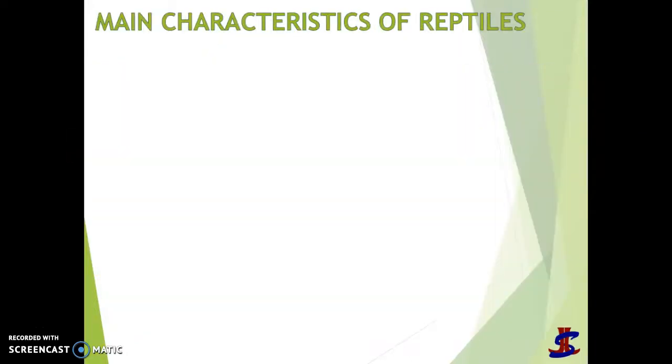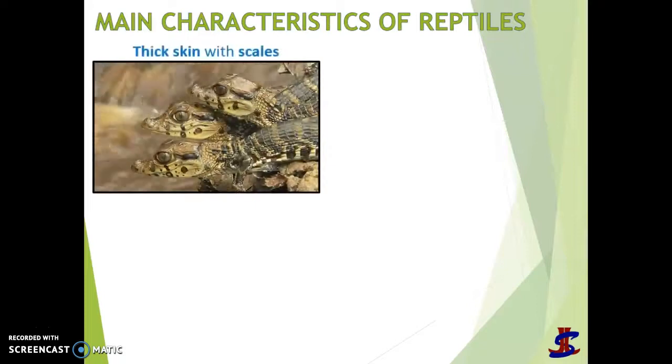Main characteristics of reptiles. Okay, I think you remember more or less the characteristics of amphibians. So reptiles are just the next evolution of amphibians, okay? They are moving away from water, so we'll see the difference between them.